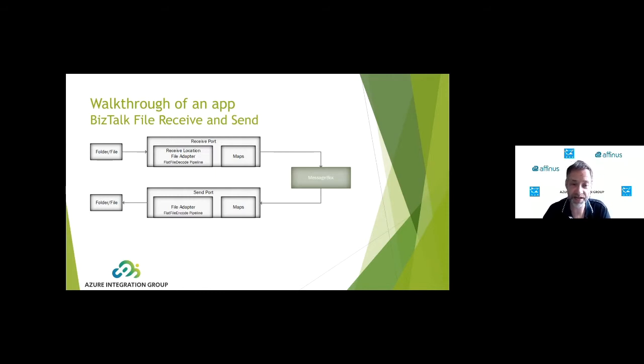But if I'm sitting here with my enterprise BizTalk application connecting to SAP and Oracle, that's not much help when I'm thinking about how I could take my existing on-prem application and move it to the cloud. So we wanted to start with something that's fairly simple, is a real application, but is simple enough that we can show how things work. And this is what we've come up with.